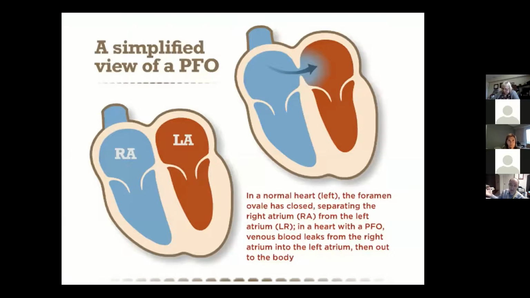But actually all of us have a PFO when we're born, and then it closes in 90% of us, but about 10% of people still have a patent foramen ovale. And so instead of getting sent to the lungs, a clot can actually bypass the lungs and get sent right up to the brain and cause a stroke.